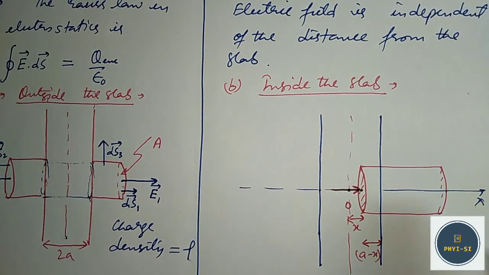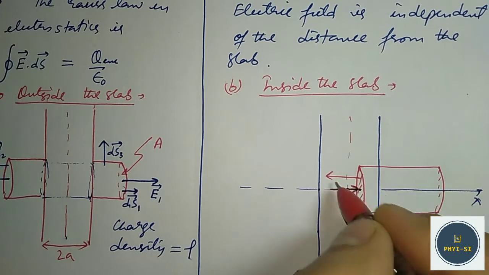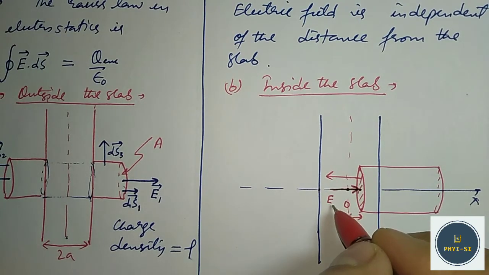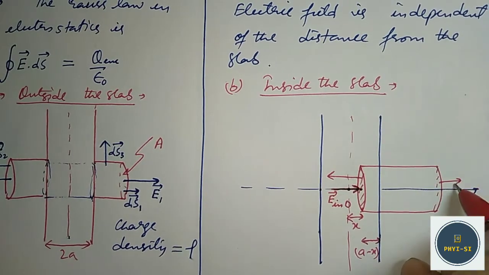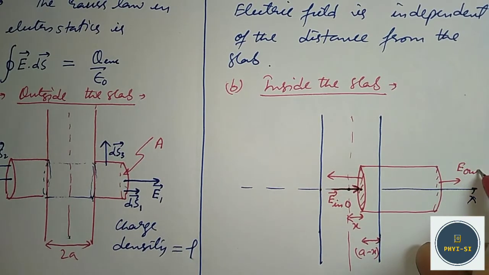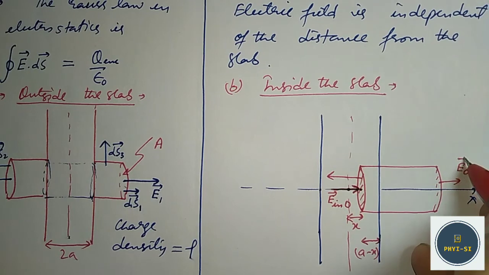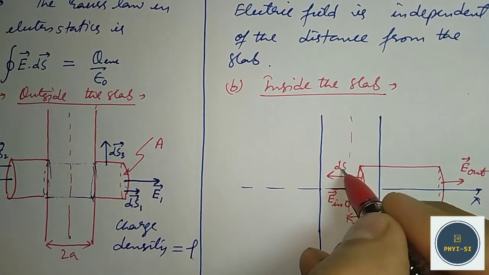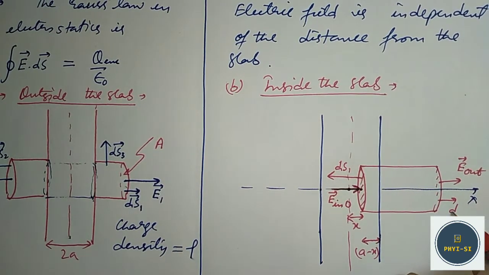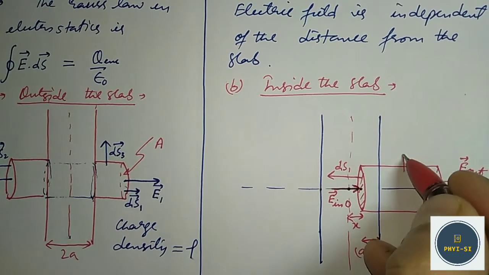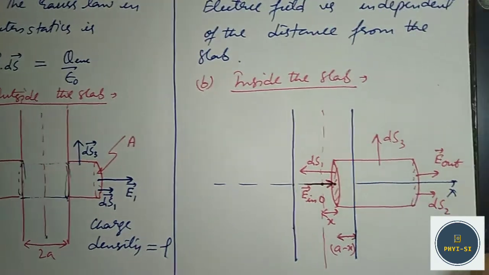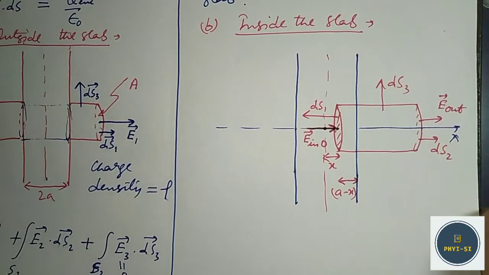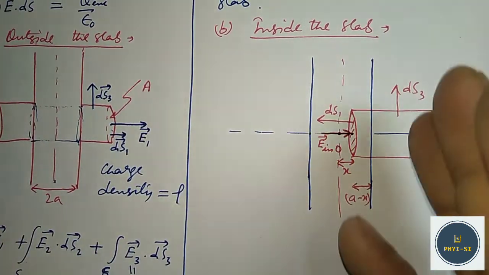Inwards means in this direction, and let's say this electric field is E in, and this electric field is E out. And this is area element ds1, area element ds2 and area element ds3. We will not consider ds3 because there is no component of electric field over there.